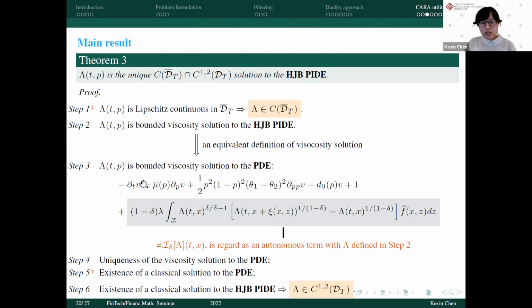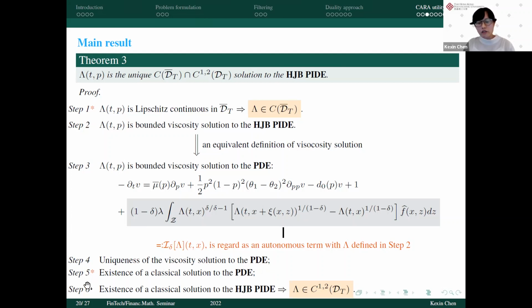So here, step 3, we can show this because we use the equivalent definition, but it does not mean that a solution to this PDE is also just equivalent to the lambda here. So we need to further show the uniqueness of the viscosity solution to the PDE.